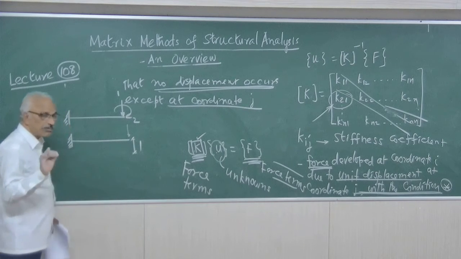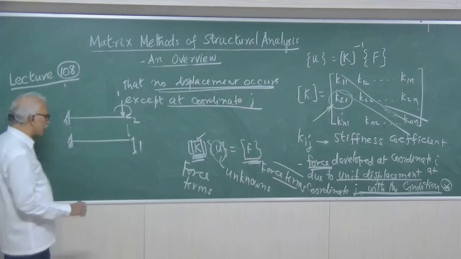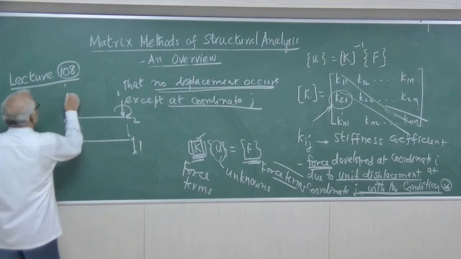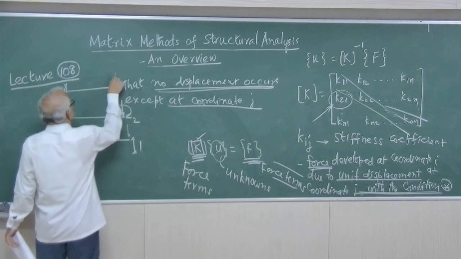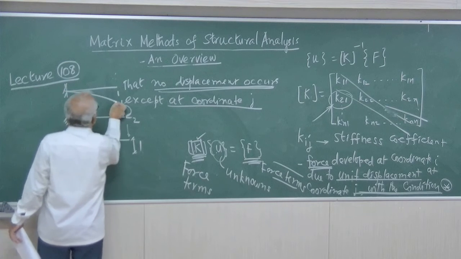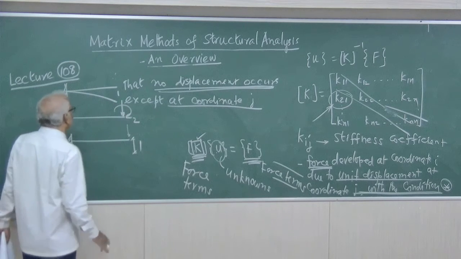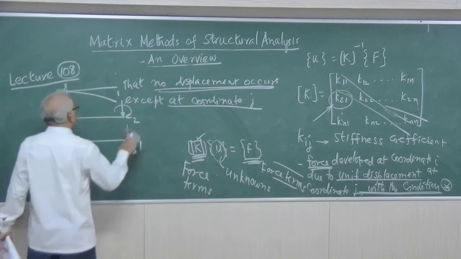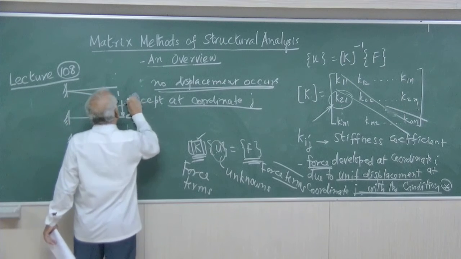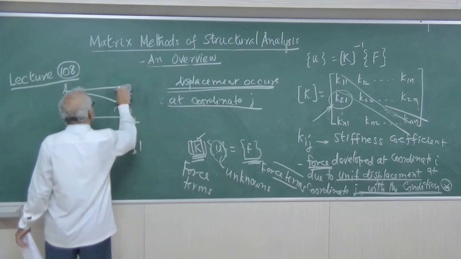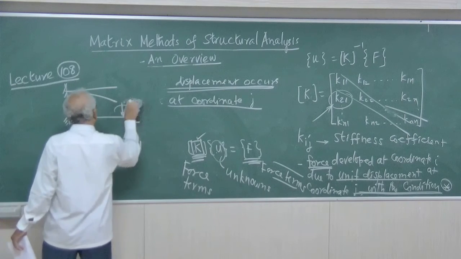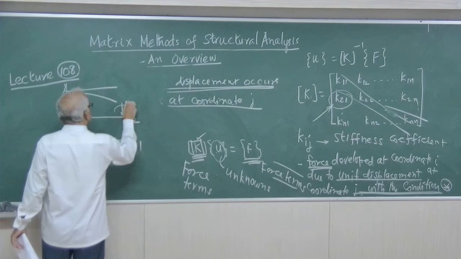Here, the most important point, as per our discussion earlier, is that when a force is applied, this will be the deflected shape. Forget about this one; this is 2.